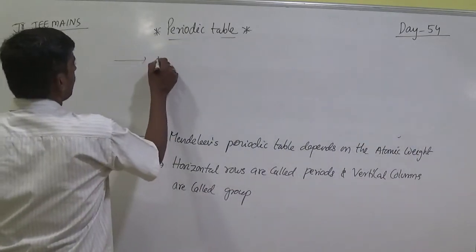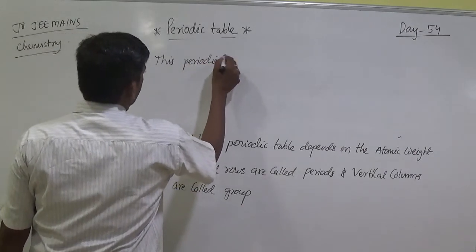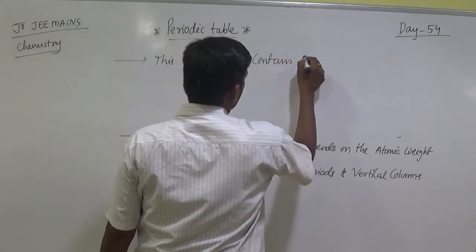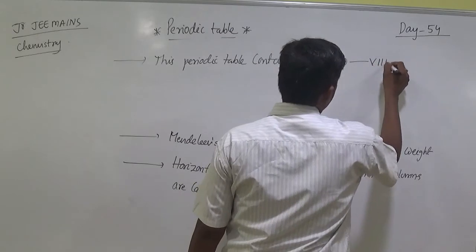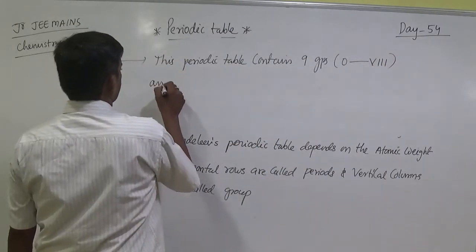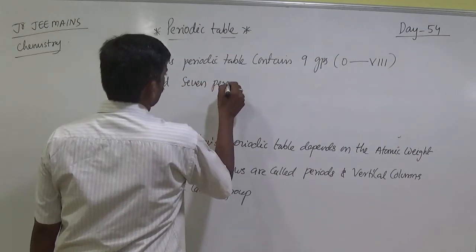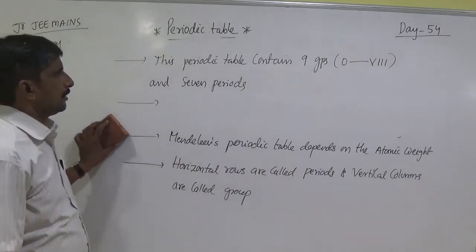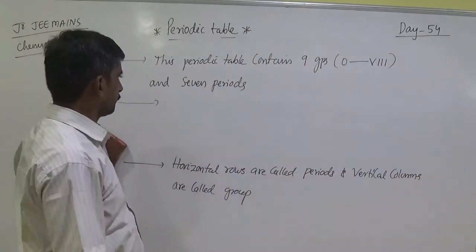This periodic table contains 9 groups, that means 0 to 8, including 0 also, and 7 periods. So 0 is also considered.